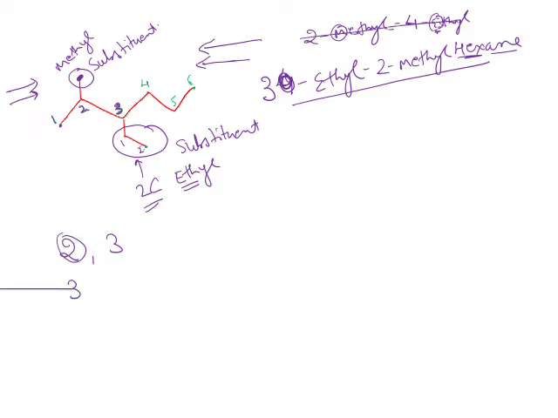So this is also 3. Right? So still if we have 3, no, this is 4. That's right, that's 4. So this is the right answer. So the final answer will be 3-ethyl 2-methyl hexane, because on the third carbon we have ethyl.